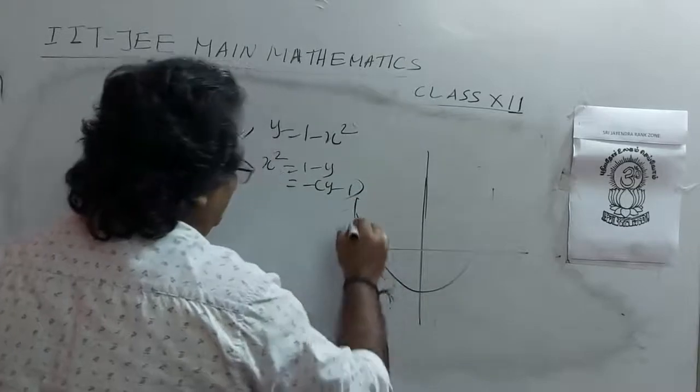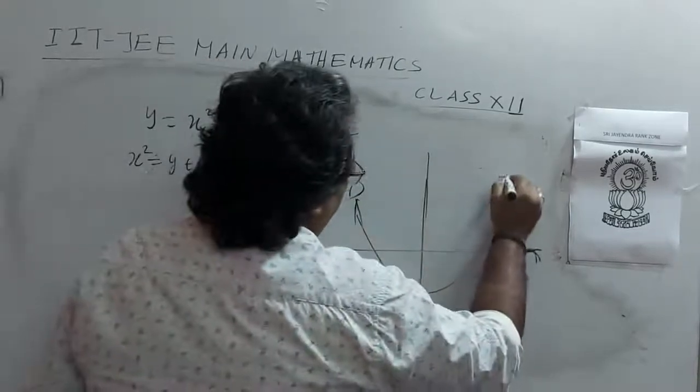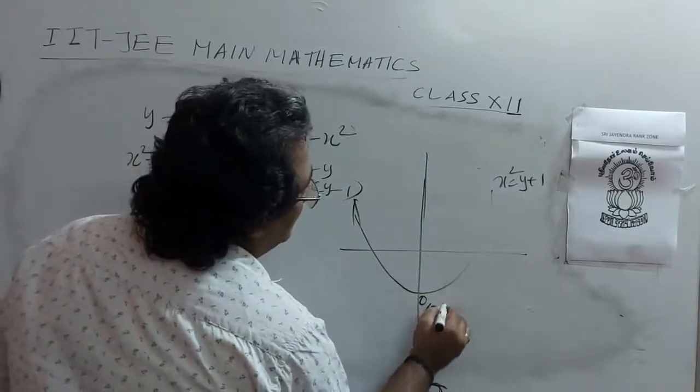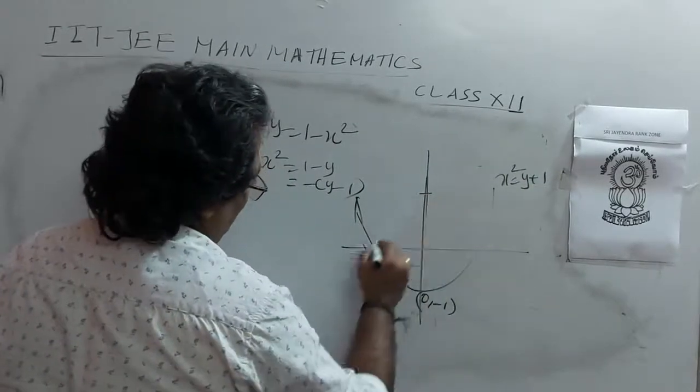This is the parabola x squared equal to y plus 1, vertex (0, minus 1).